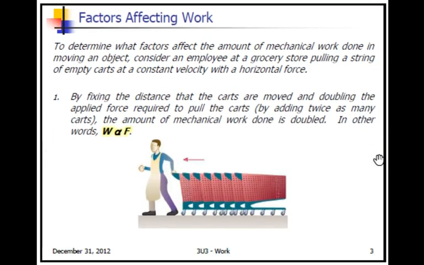So, what are the factors that determine how much work is done? Well, here we have an image with the person pulling some grocery carts, and if they apply a greater force, then the grocery carts will move a greater distance. So work is proportional to the amount of force that is applied.